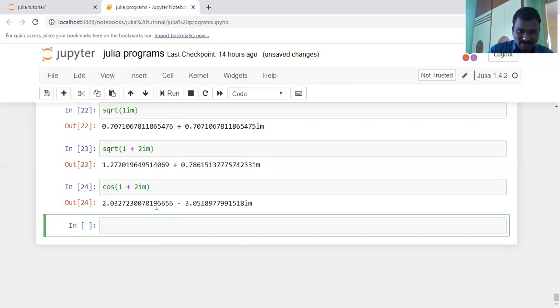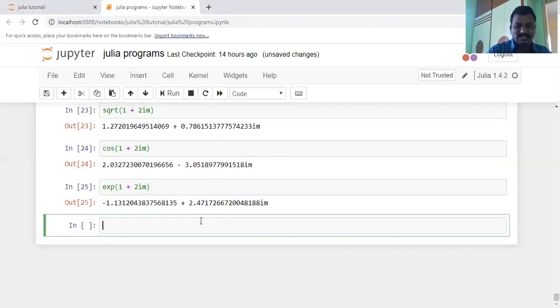That means cos 90, cos 0, 1, cos 91, 90, 0, like that you have some certain values. And then exponential function, the mathematical exp function also is applicable on this. Let us take the exp function. That means in this way you have different functions, sine function, different functions you will apply for these complex numbers.